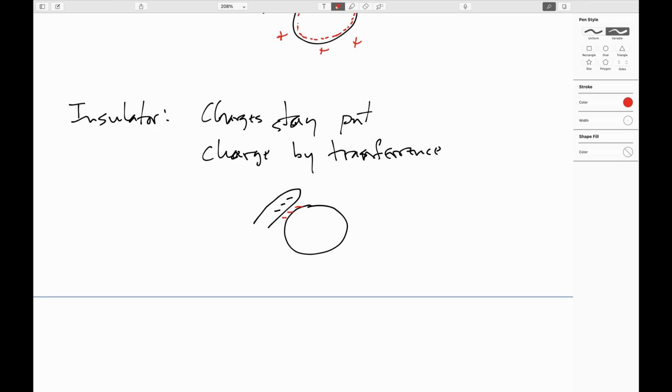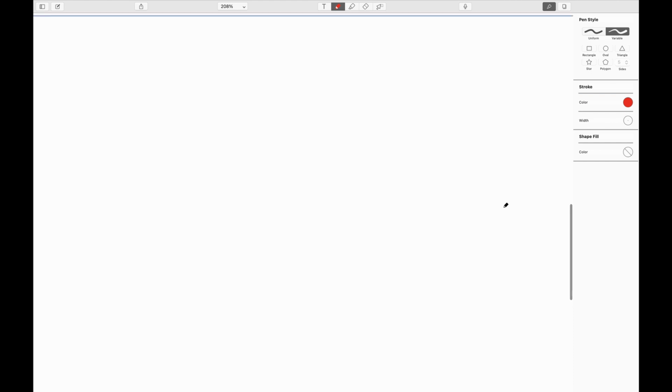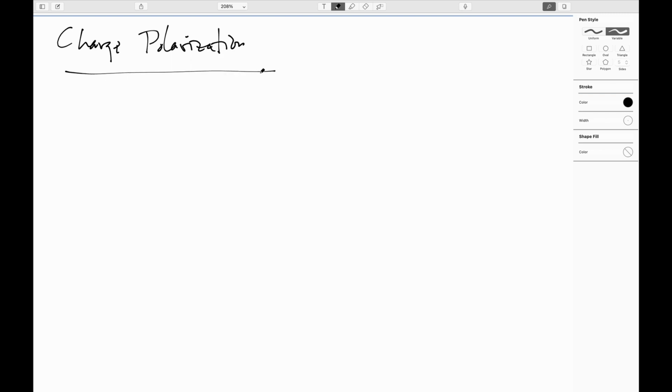Okay, so with that as background, let's start to take a look at charge polarization. So I'm going to draw schematically an object that's called an electroscope.